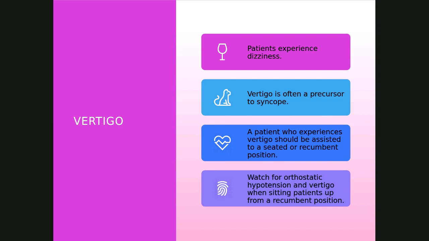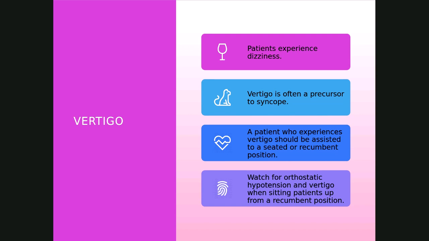Vertigo is when the patients experience extreme dizziness. Typically, it can be a precursor to syncope, which means they're about to pass out. If a patient experiences vertigo, they should be assisted to either a seated or a recumbent lying down position as fast as you can.